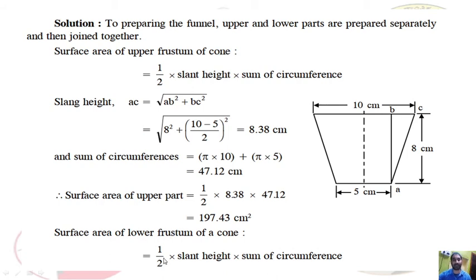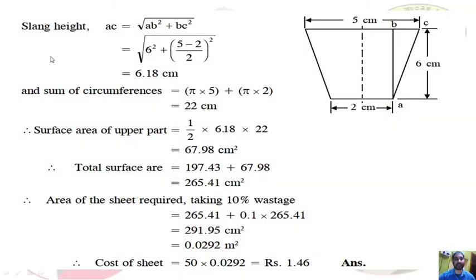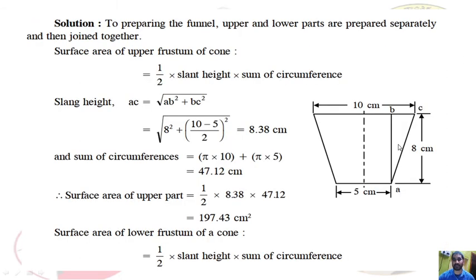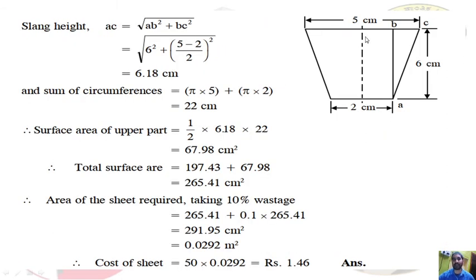The same formula will be used, since both parts are frustums of cone. The lower portion is also given by half into slant height into sum of the circumference. Only the dimensions will change here. For the lower portion we have 5 centimeter upper dia and 2 centimeter lower dia, and height is 6 centimeter.